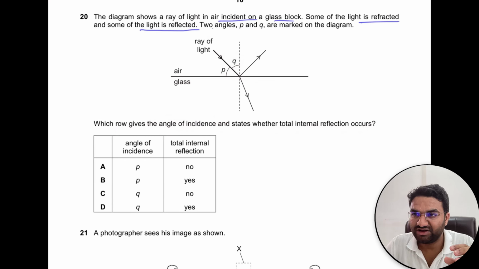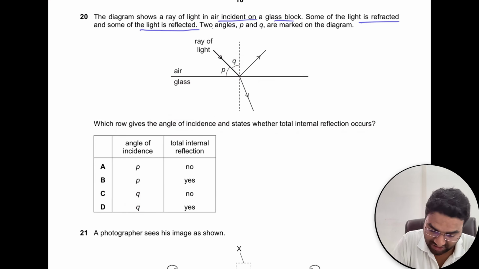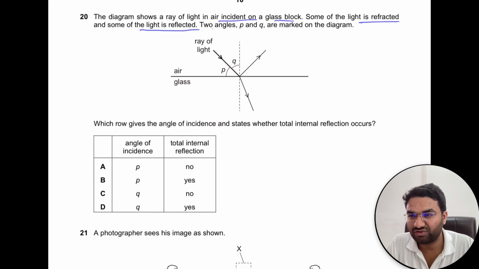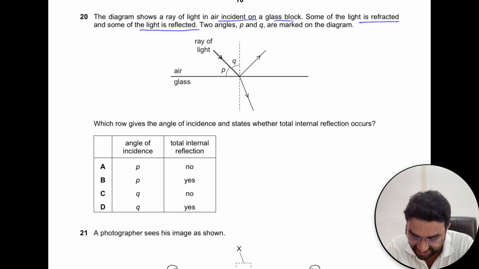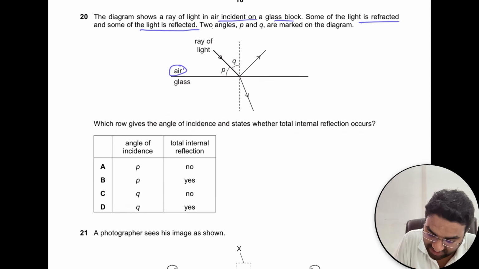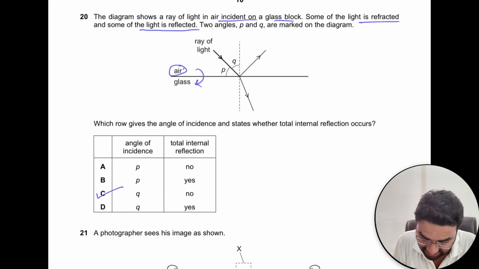So the angle of incidence basically is Q, right? So we have two options, Q here, yes or no. Because the light is traveling from the less dense, meaning air, to the glass, there is no total internal reflection. So the correct answer is C.